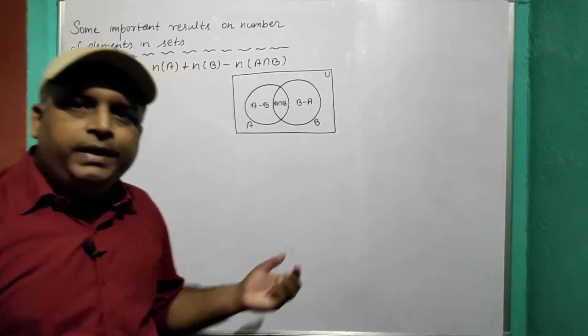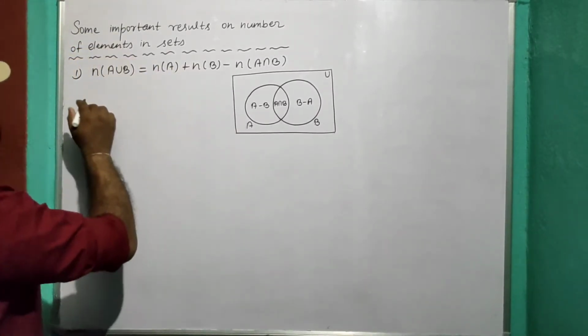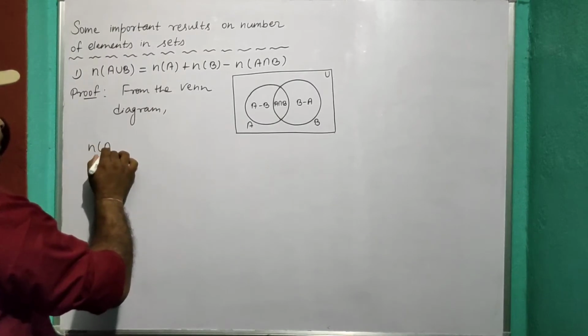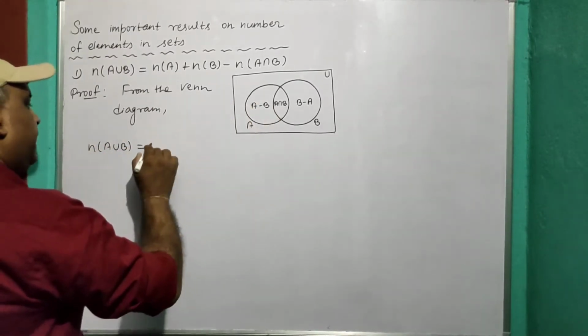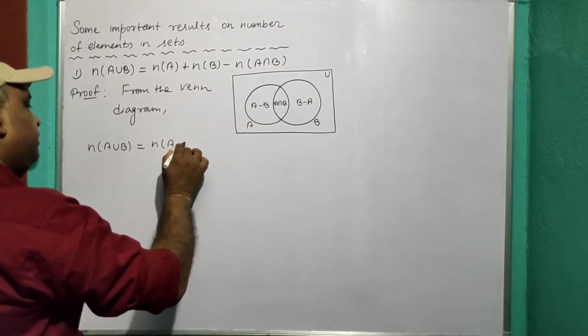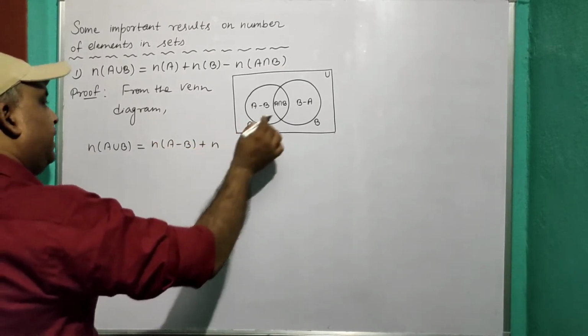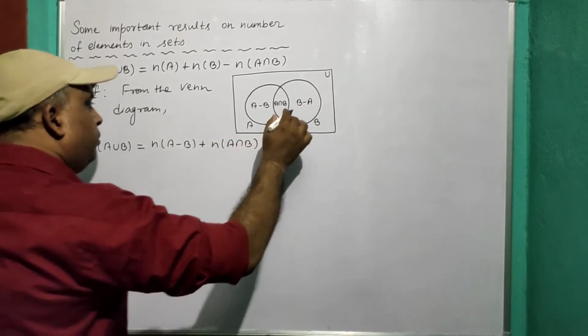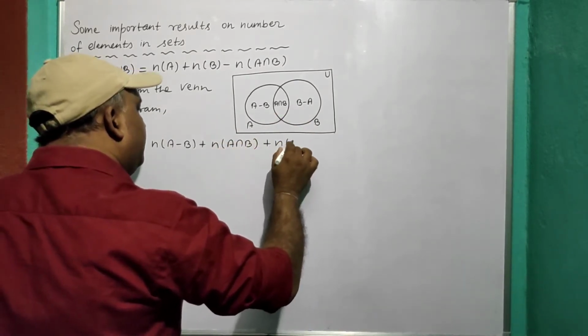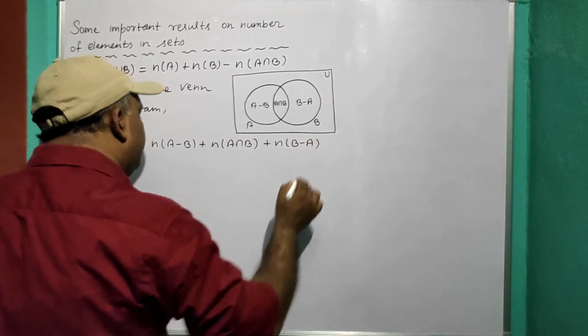So from this Venn diagram we can say that n(A union B) equal to n(A minus B) plus n(A intersection B) plus n(B minus A).